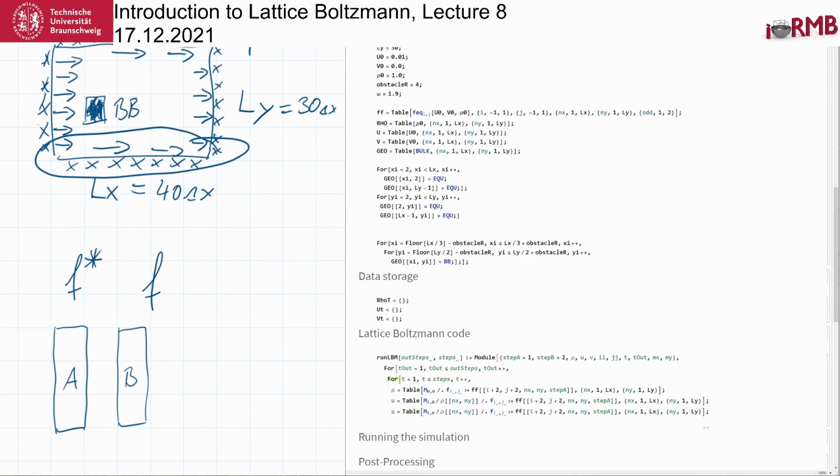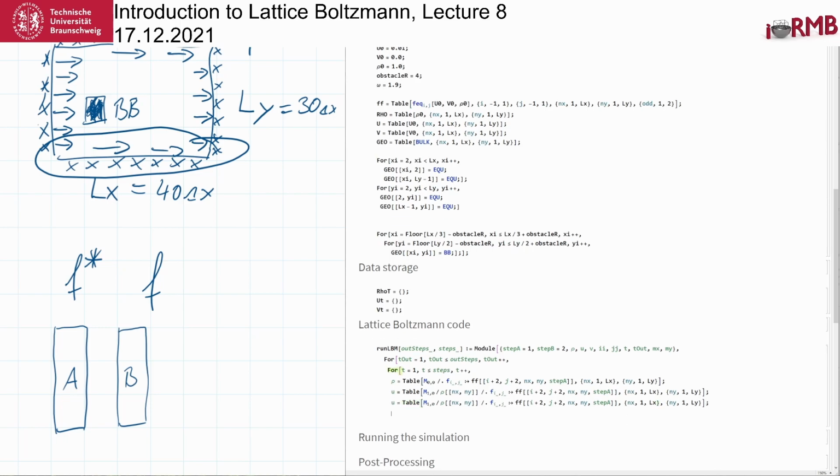So now we have to process our nodes. We have two loops in x and in y, and we skip the outer rims of the domain.